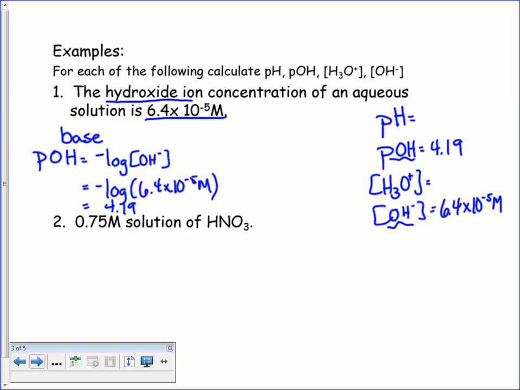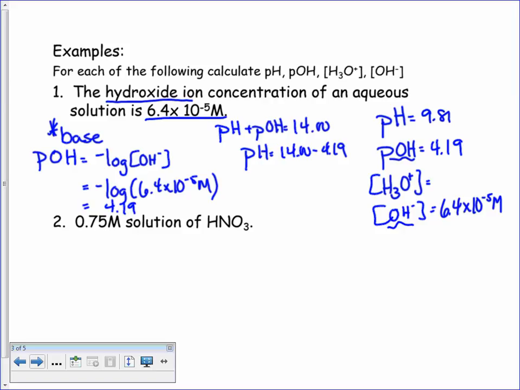Because we have pOH, we know that pH plus pOH equals 14, and we can plunk as many decimals on that as we want. That's a definition. Therefore, pH equals 14 minus 4.19. That gives us a pH of 9.81, which matches our prediction that this thing is a base, given the information that was provided.